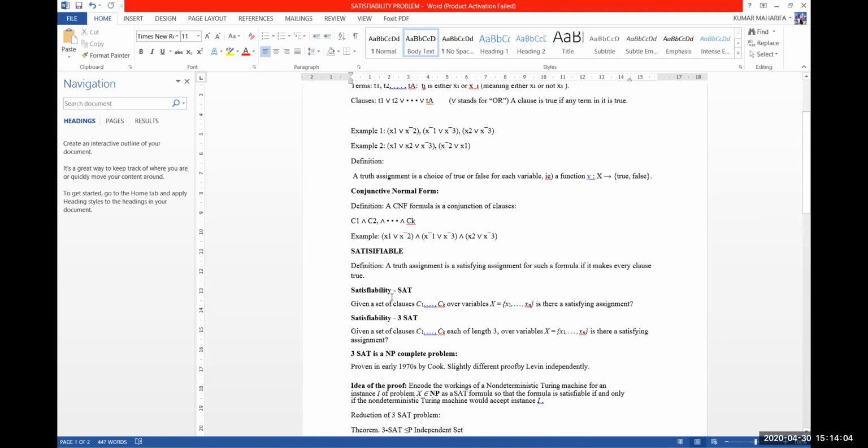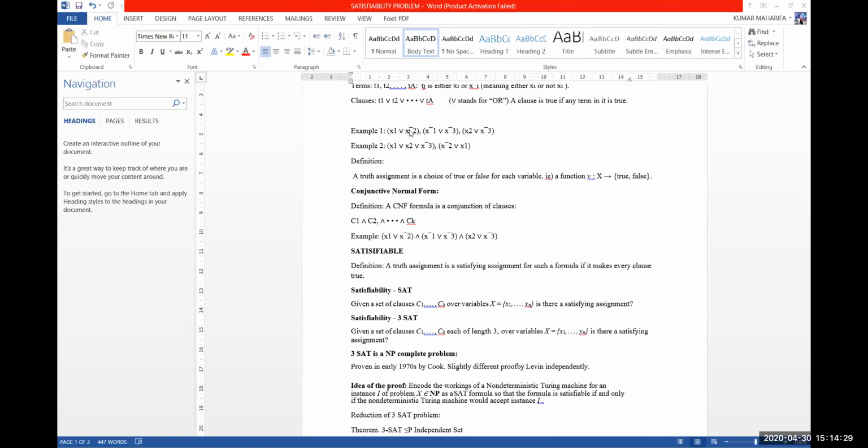Satisfiability, in short, we call SAT. Now what is the difference between SAT and 3-SAT? 3-SAT is nothing but whenever every clause is expressed with length 3 over the variables, then we call that 3-SAT. You can look at this example here. It is a 2-SAT because every clause has been expressed with only 2 variables.